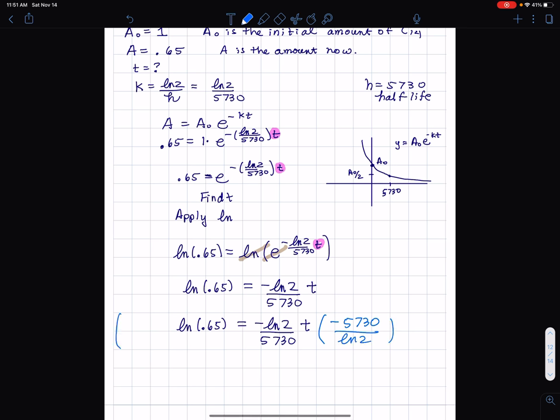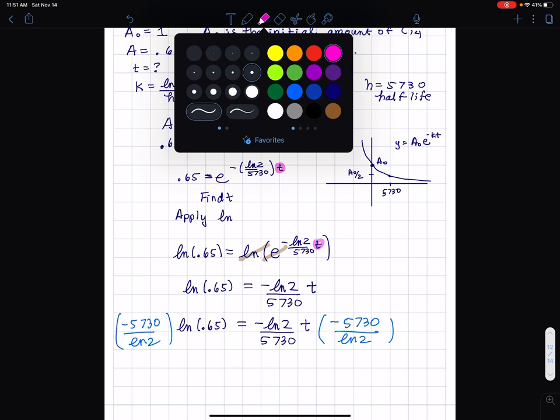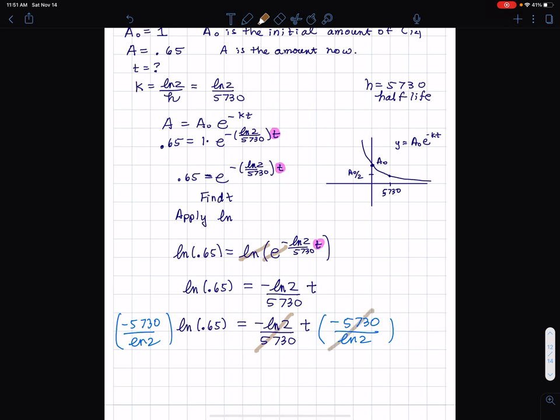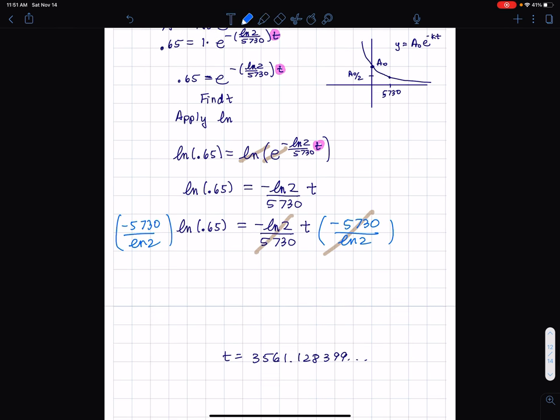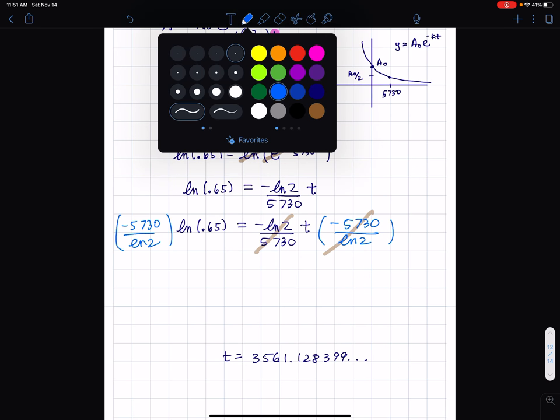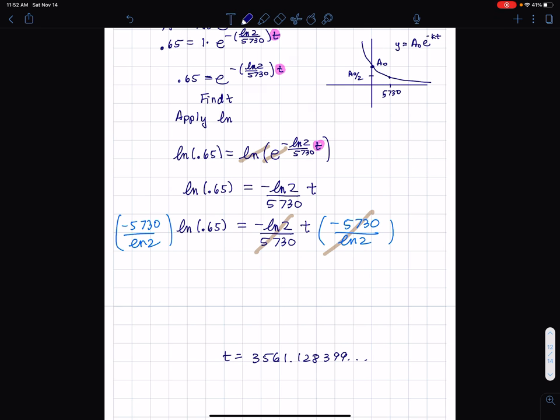I multiply both sides by that, and we get cancellation. So there's the answer: t equals negative 5730 ln 0.65 divided by ln2.